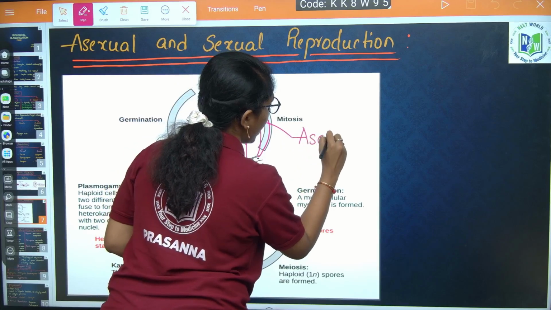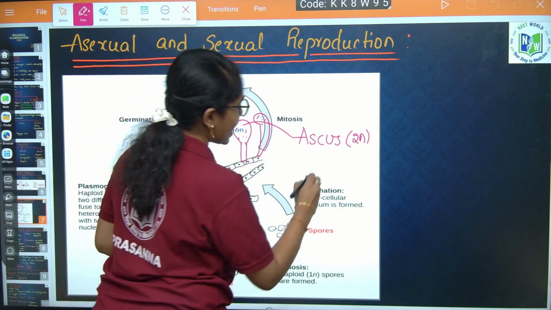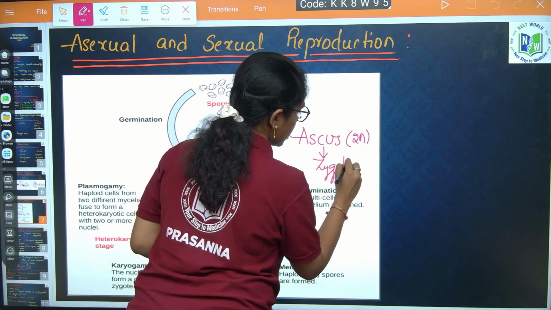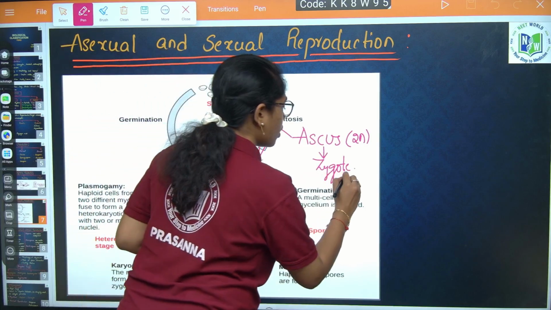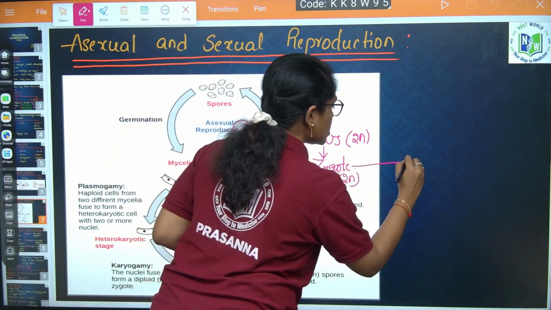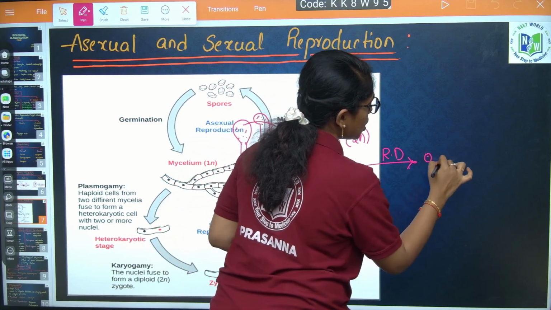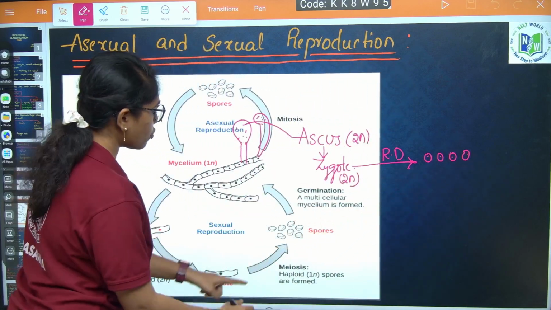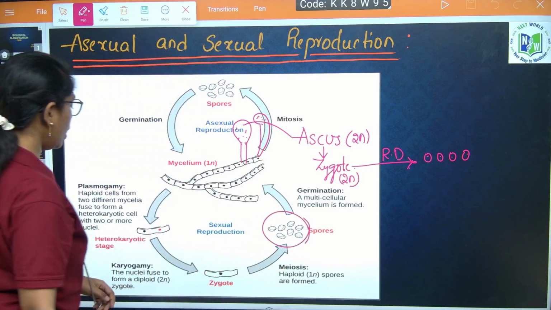What do they form? Ascus, which is diploid. From this ascus, a zygote is formed inside the ascus, and in fungi zygotic meiosis takes place. The zygote is diploid, right, and it undergoes meiosis or reductional division, releasing 4 ascospores. These ascospores, falling onto a suitable substrate, will develop into a new mycelium.